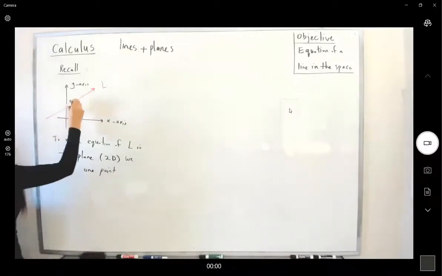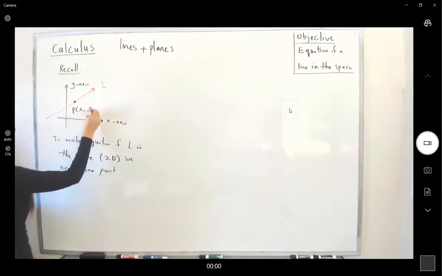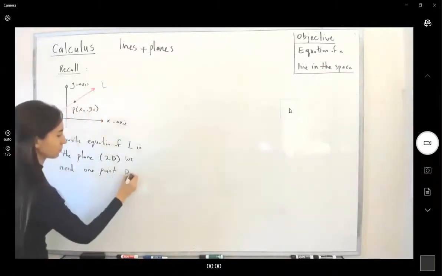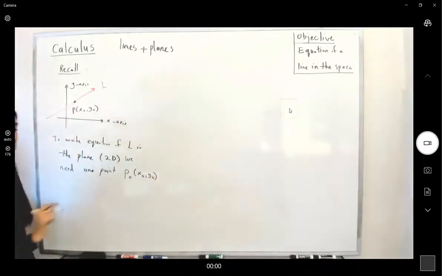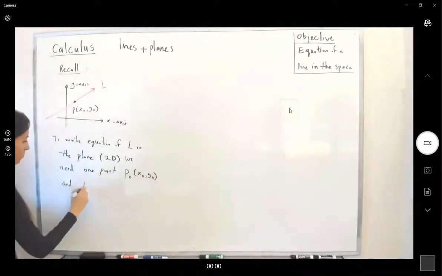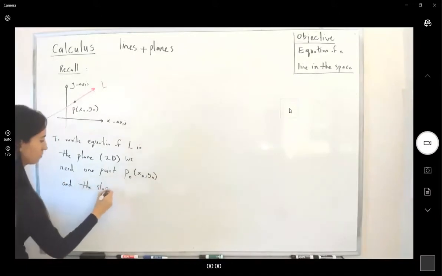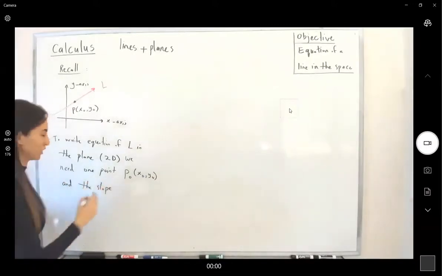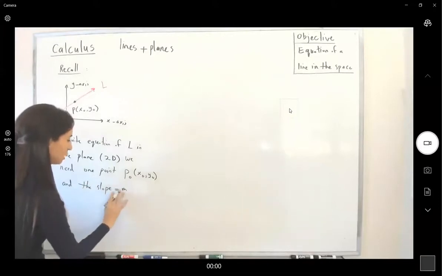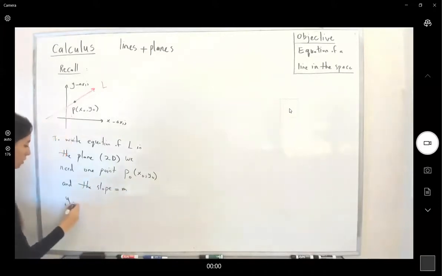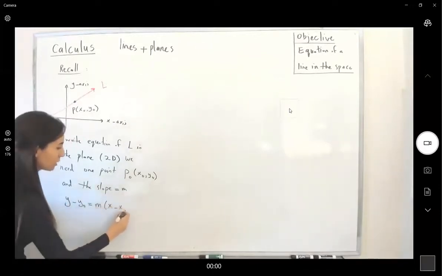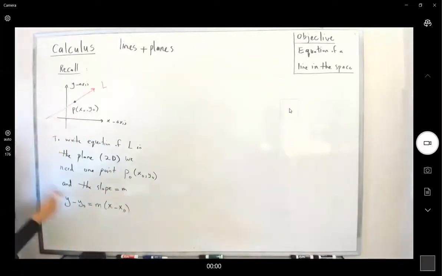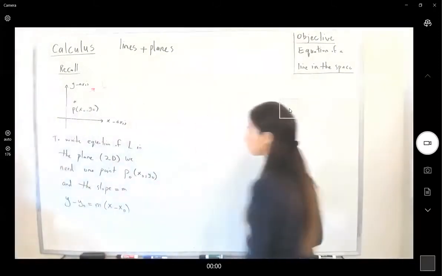Suppose you have a point like P, x sub 0, y sub 0, and also the slope or the direction of the line. Then you say that y minus y sub 0 is equal to m times x minus x sub 0. This is the 2D version.